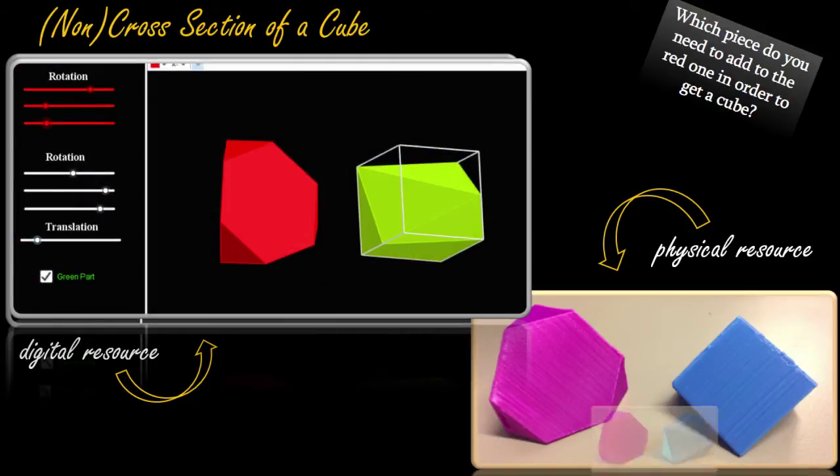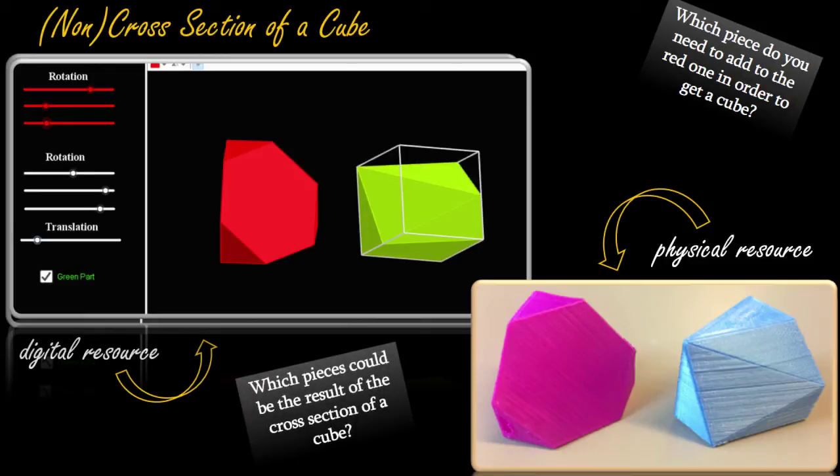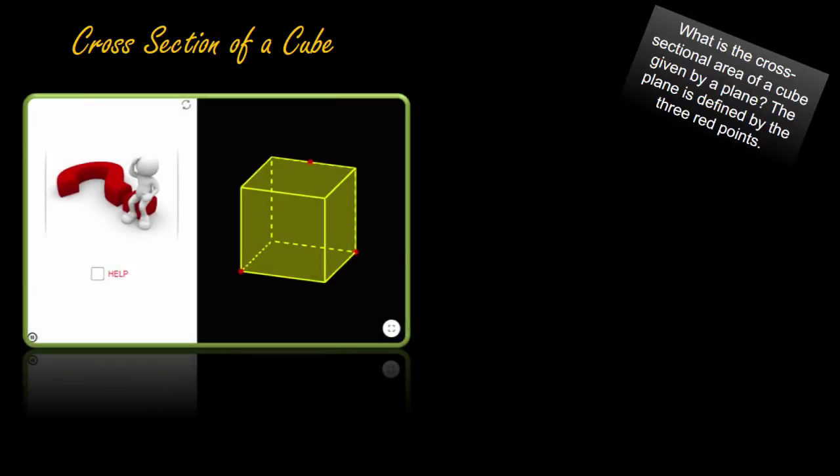When we manipulate it, we can also see that, of course, this part couldn't be the second part of the cube. What is very good for us is that the students can also manipulate. In this case, they can see that this part is a non-cross section of the cube because here there is no plane. From this applet, the students could continue to the next one.